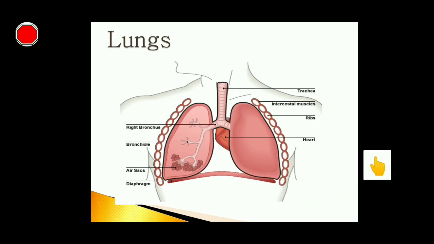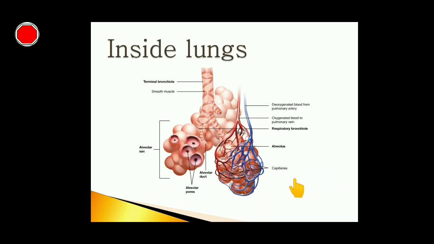Okay, now let's see what alveoli are and how they look. You can see that this is our trachea, which is getting divided into smaller branches, and each branch is leading into these small ball-like structures, and these ball-like structures are known as air sacs or alveoli.